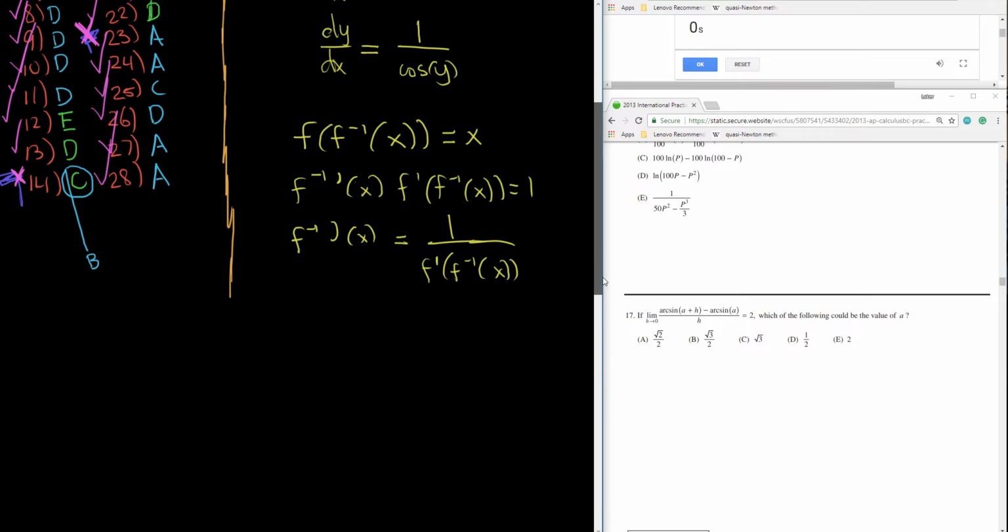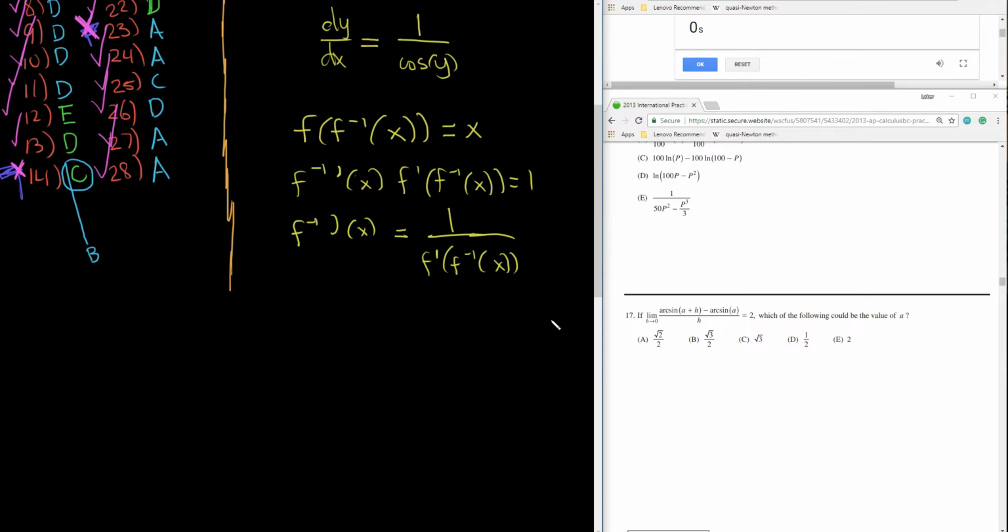So if we had done this, what we could have said is, f of x equals sine x. Let me change colors so it's a little bit more vibrant. So f prime of x equals cosine of x.